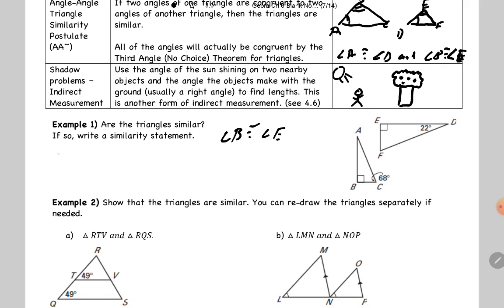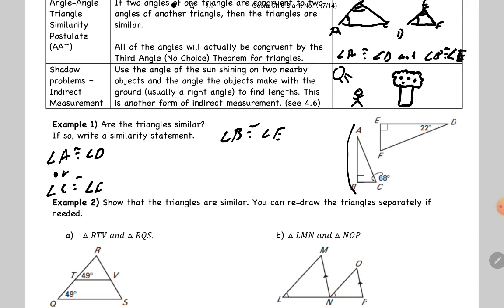We need to see if either angle A is congruent to angle D, or we need to see that angle C is congruent to angle F. And how do we do that? We're missing the angle.